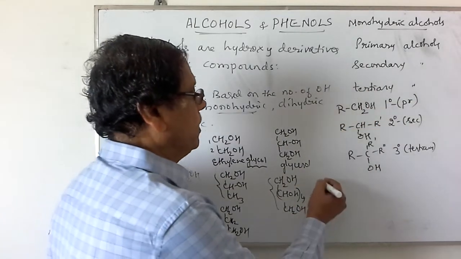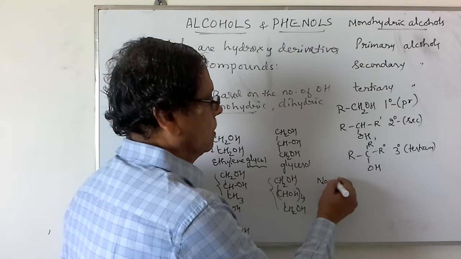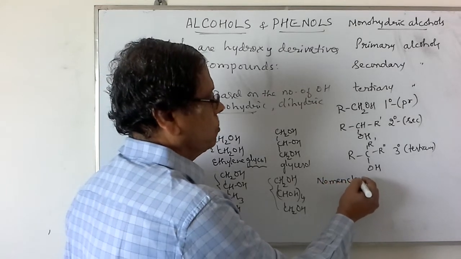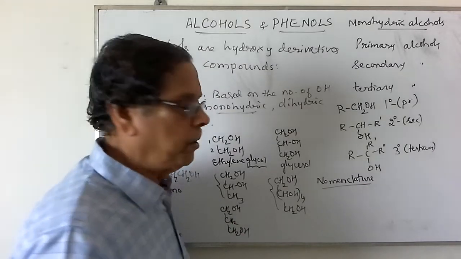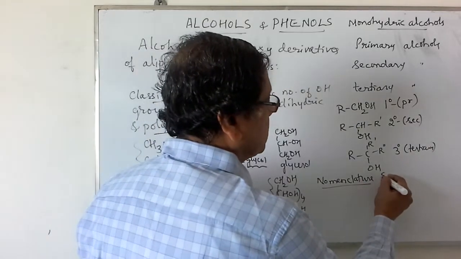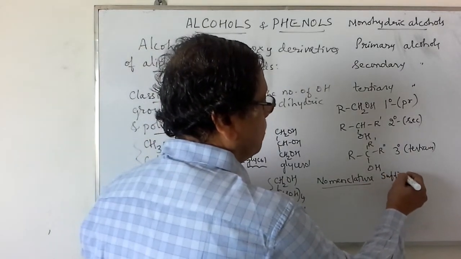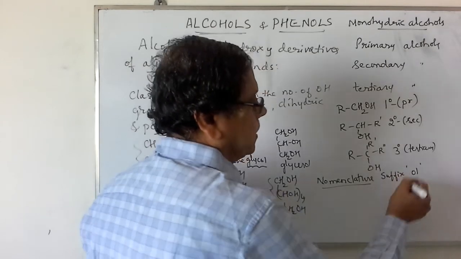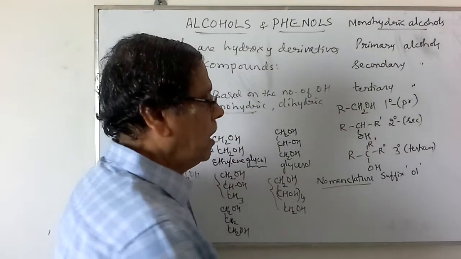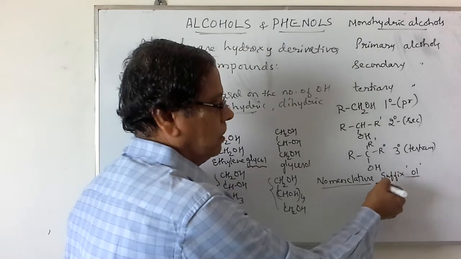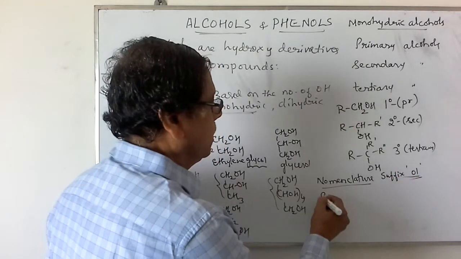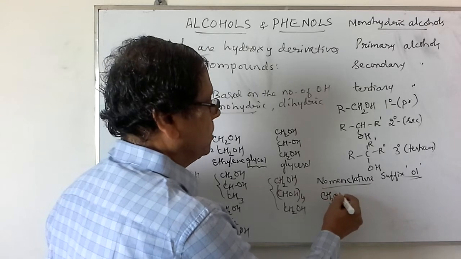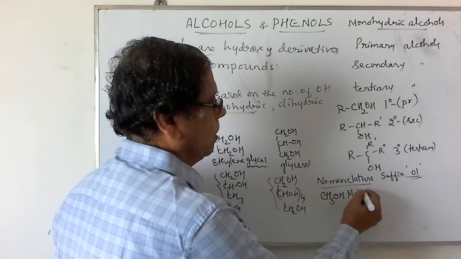And coming to the nomenclature of these alcohols, if only one OH group is present, or the alcohol group is the only functional group, then it is named by using the suffix -ol, along with the position of the hydroxy group. For example, CH3OH is named as methanol.